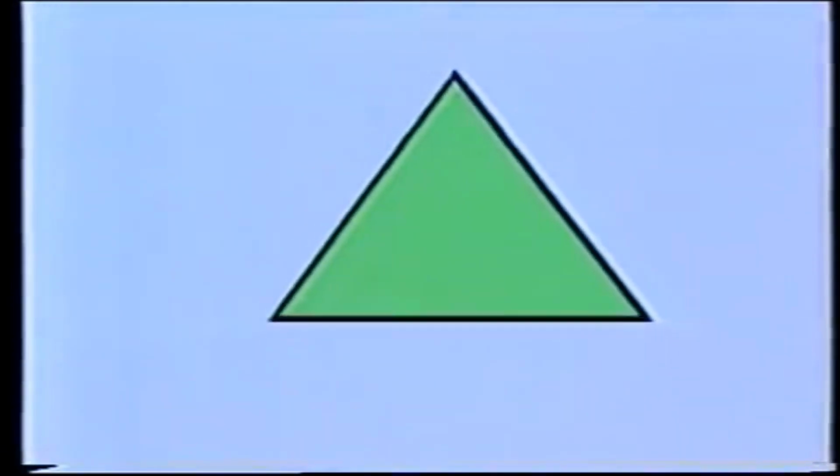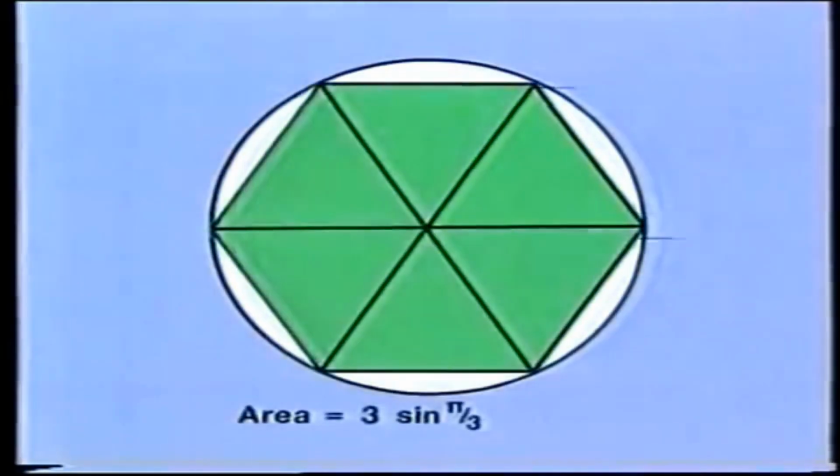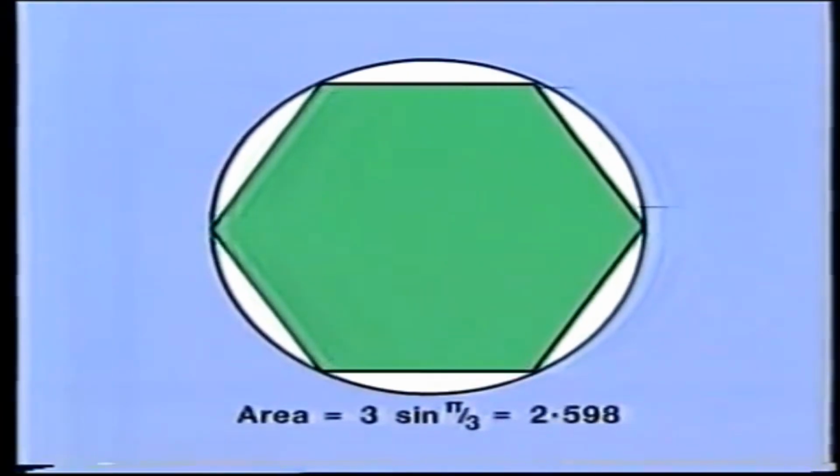And the area of the original hexagon is just 6 times that, 3 sine pi by 3. Sine pi by 3 is root 3 over 2, and 3 times that is 2.598 to 3 decimal places. Not a very good first approximation to pi.